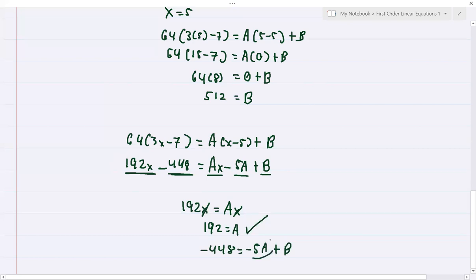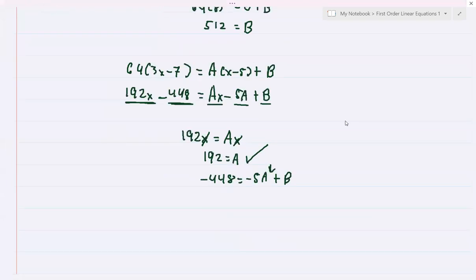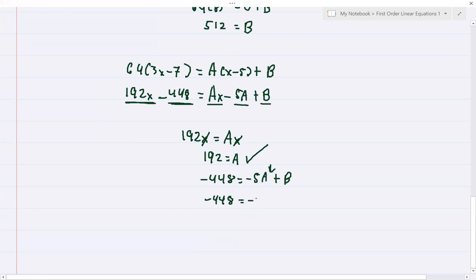Now, let's prove if your a here is equal to 192. Let's prove it before we proceed on integrating. Remember that your b is equal to 512, right? So we will have negative 448 is equal to negative 5 times a plus 512.